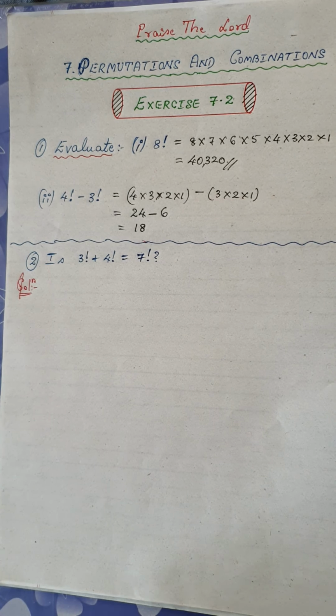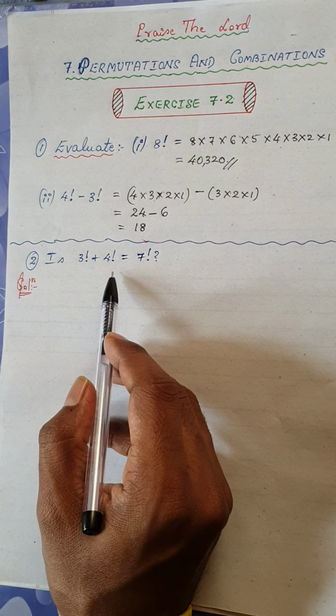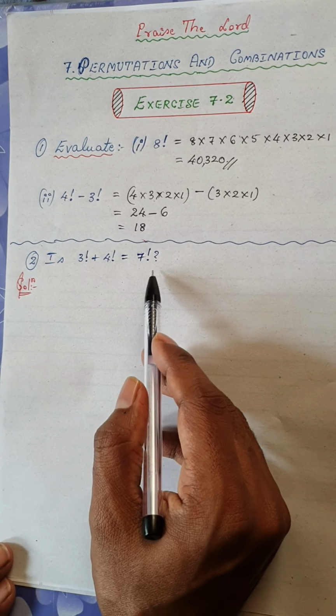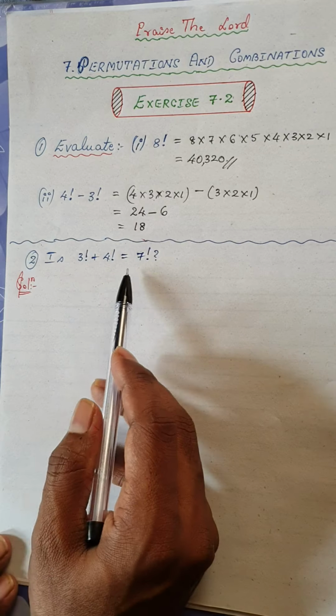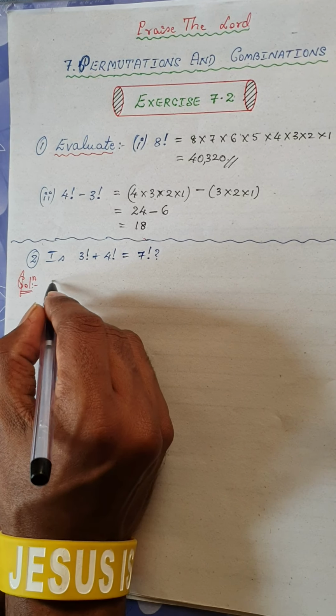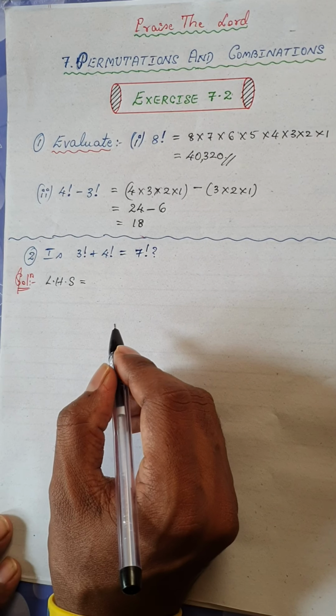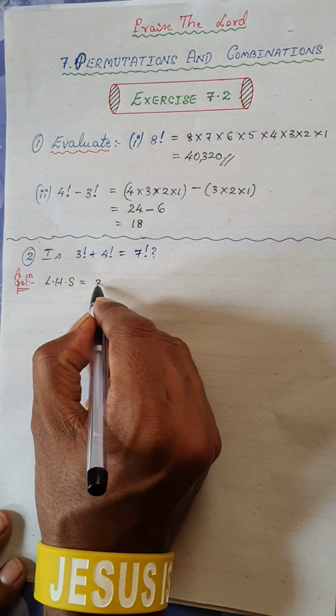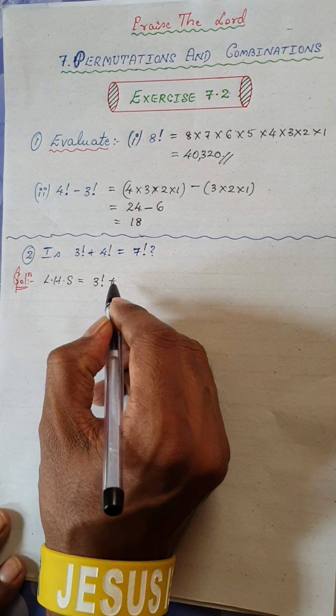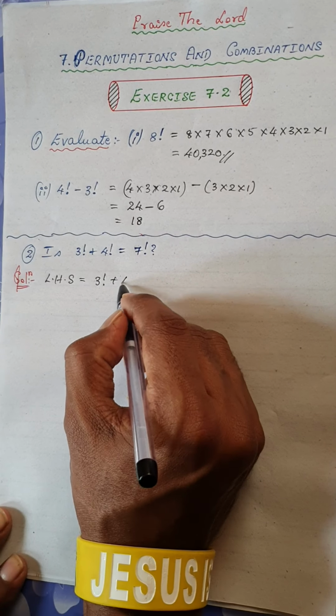So the next question we have is: is 3 factorial plus 4 factorial equal to 7 factorial? You have to check whether this is possible. Let us separately find out my LHS and RHS. LHS is nothing but 3 factorial plus 4 factorial, isn't it?